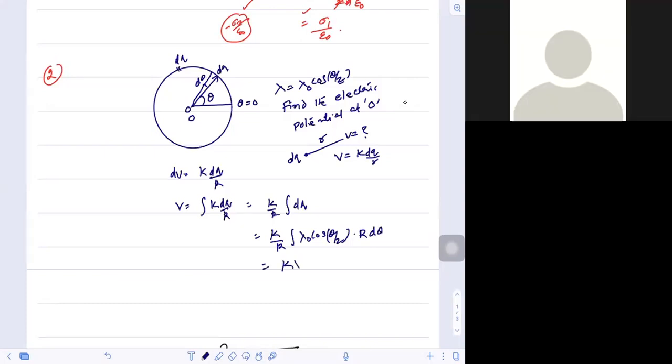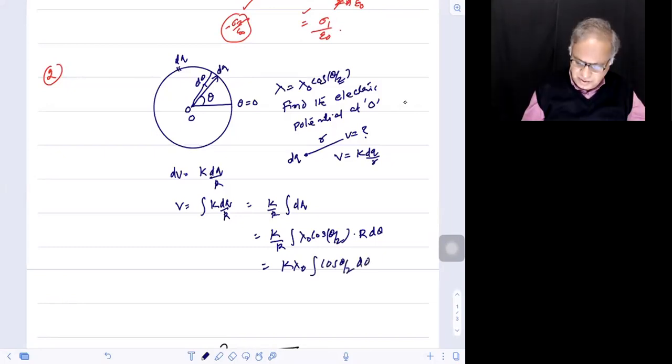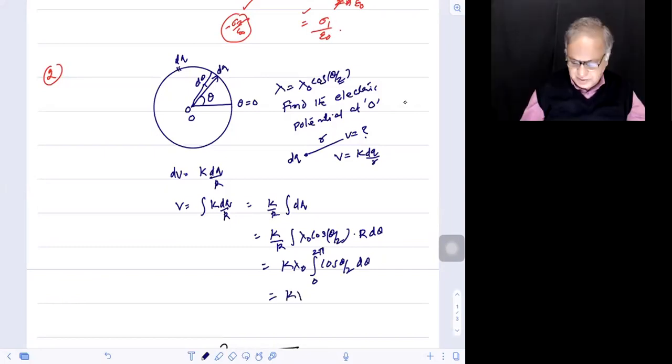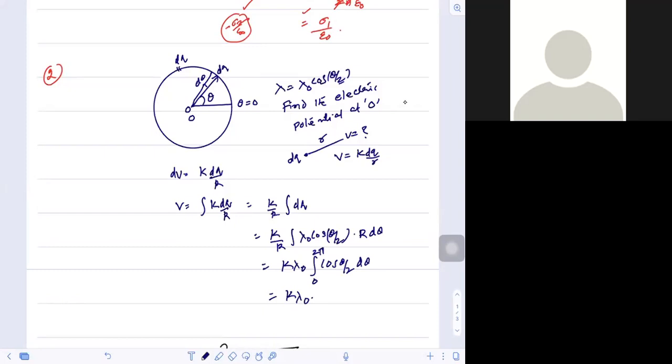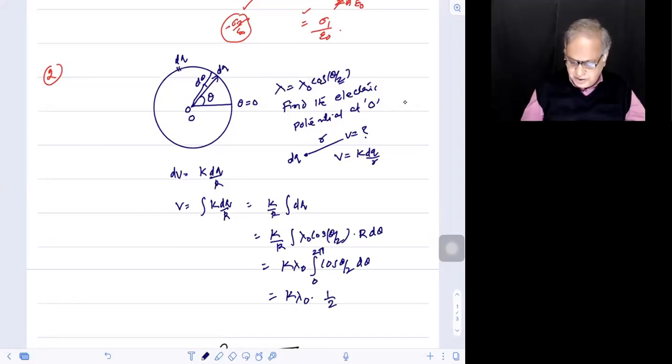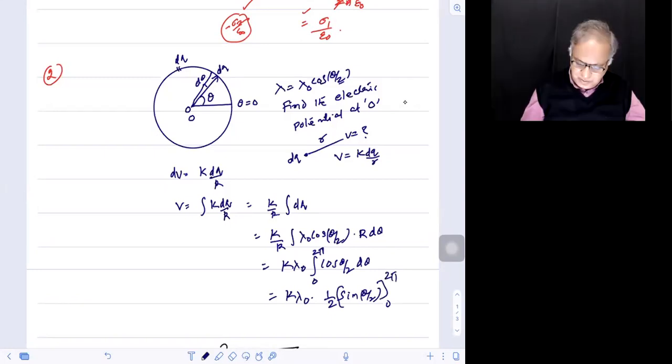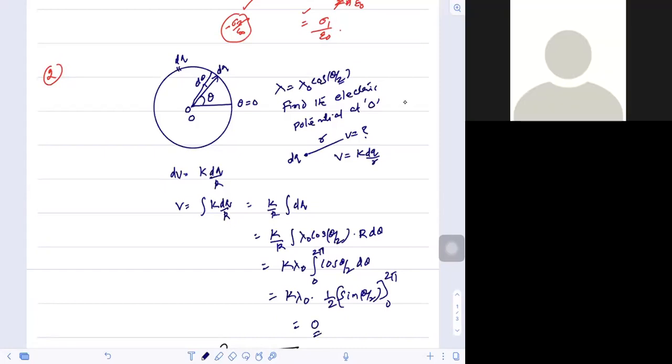So k lambda 0 cos theta by 2 d theta from 0 to 2 pi. The integration of cos theta by 2 is 2 sine theta by 2, between 0 and 2 pi. So what will this be? Zero, sir. That's all.